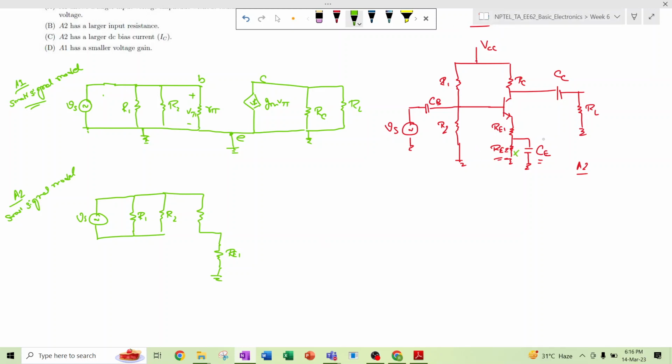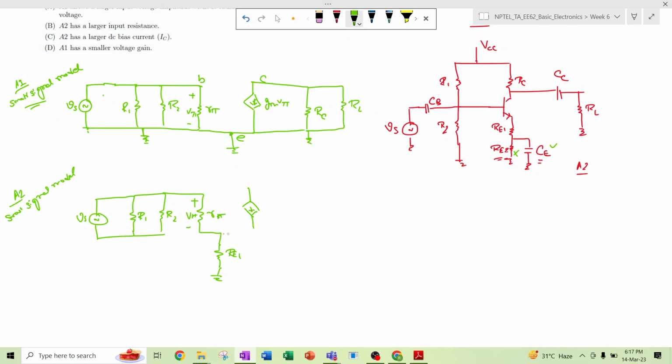We will consider this CE, the bypass capacitor, because it is connected to ground. Here is RE1, here is R pi, and this is V pi, that is the small signal hybrid pi model, right?